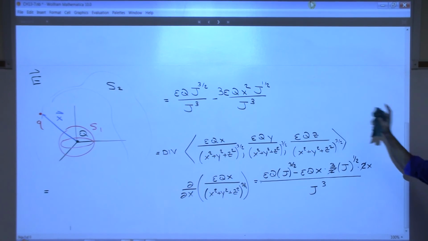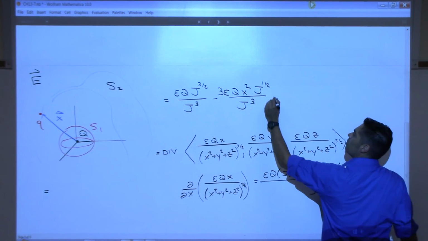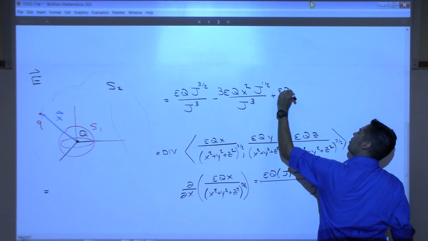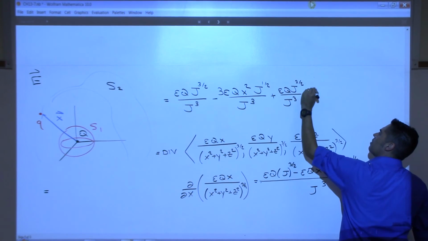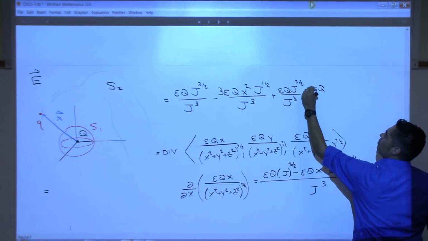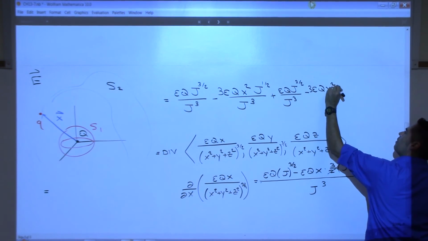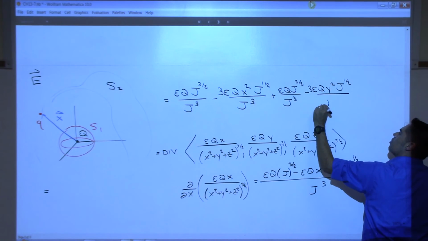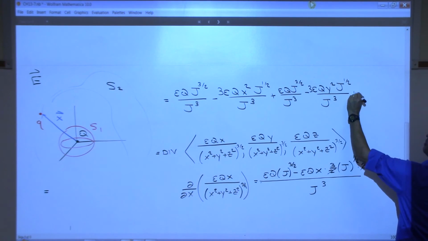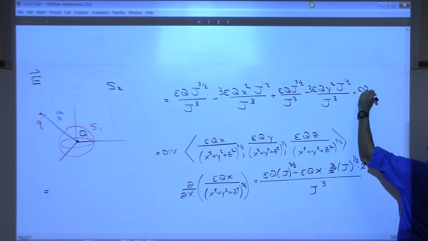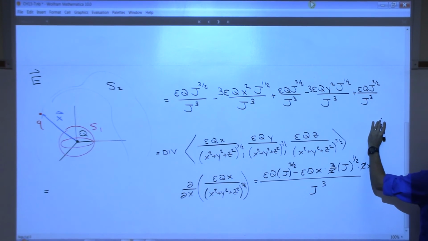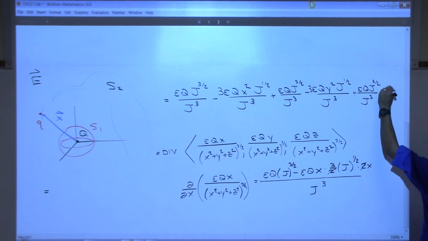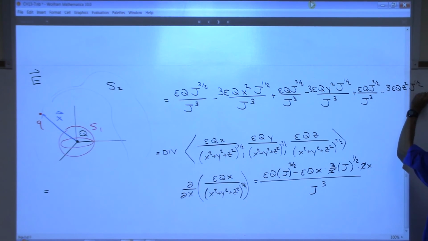Then repeat that 2 more times. So plus epsilon q junk to the 3/2 over junk cubed minus 3 epsilon q y squared junk to the 1/2 over junk cubed. One more time. Epsilon q junk to the 3/2 over junk cubed minus 3 epsilon q z squared junk to the 1/2 over junk cubed.